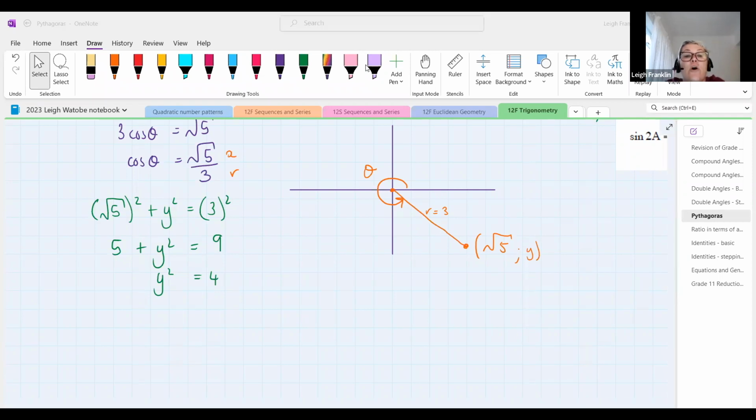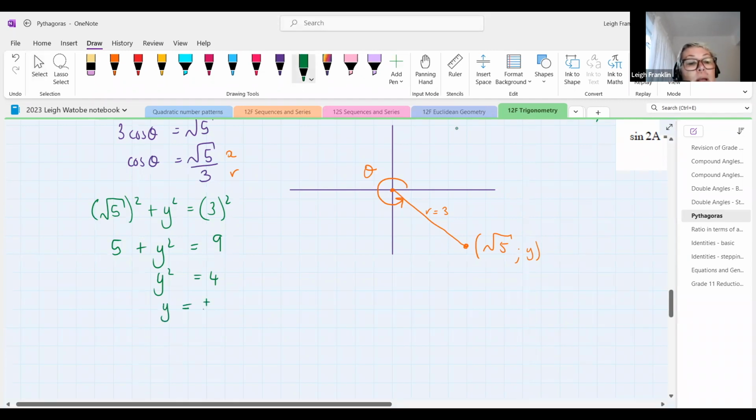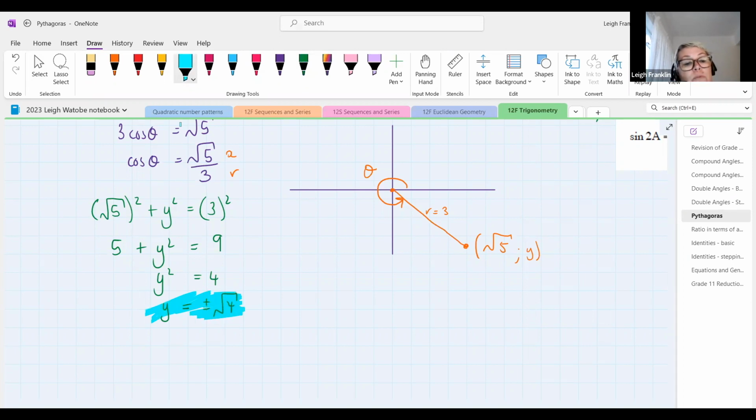Sibongenhle's got it. Okay, so don't forget, Tato, you are in the fourth quadrant where x is positive and y is negative. What you can do is write plus minus the square root of 4, and perhaps writing it like this, as I'm highlighting in turquoise, before you actually write down your answer, will just help you to remember about your signs.